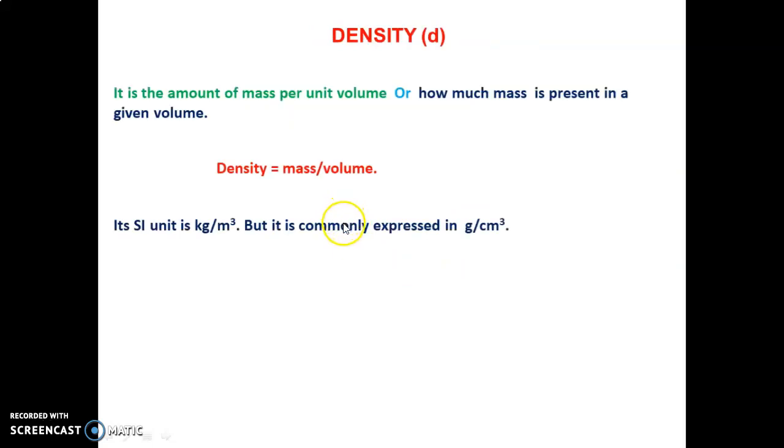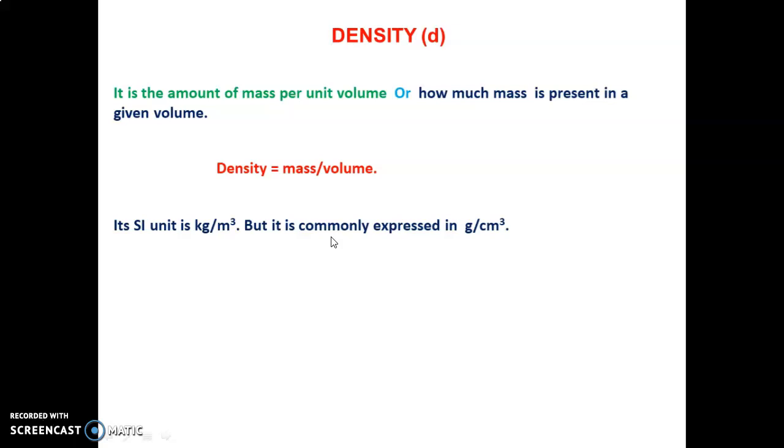Density is not mass, but it has a relation with mass. It is the mass per unit volume. To get the density of a material, first we find the total mass of the material, then find the total volume of the material.